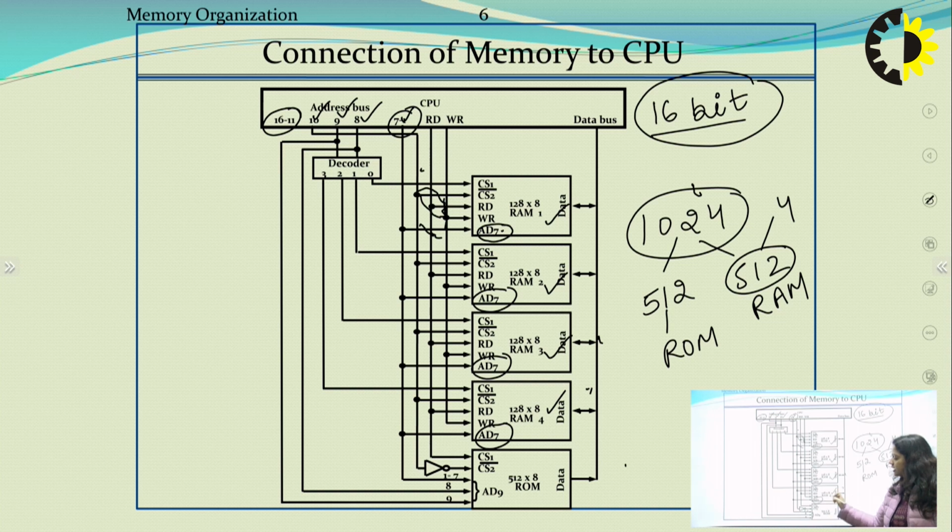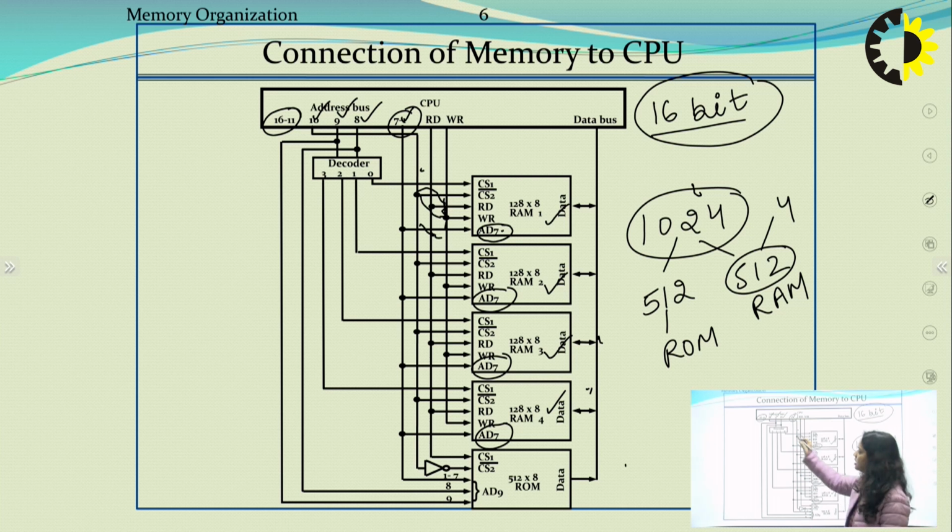From this 7-bit address, among these 4, only 1 will be selected. Which one? The one whose address is present in that 7-bit configuration issued by the CPU. Out of the 16-bit instruction being issued by the CPU, the first 7 bits are used for addressing these RAM chips, any one out of 4.